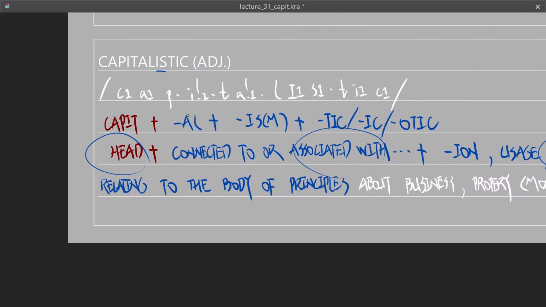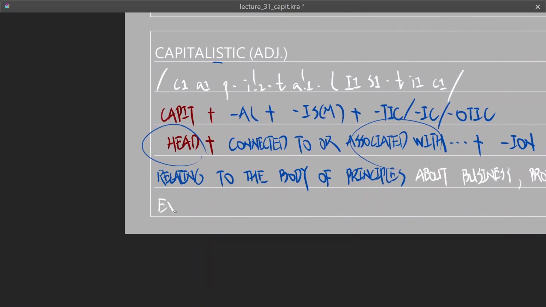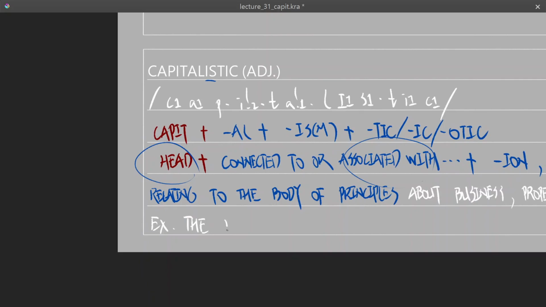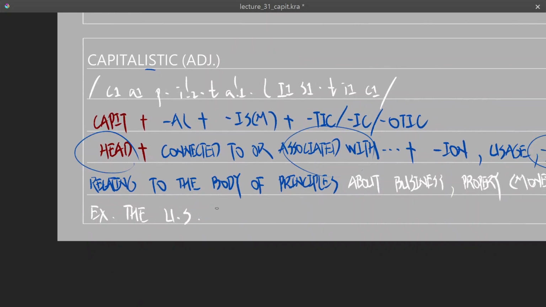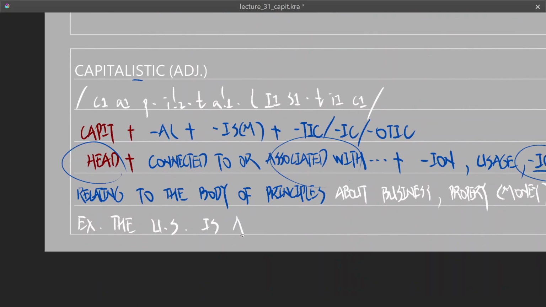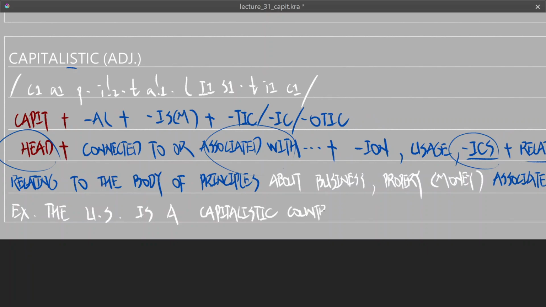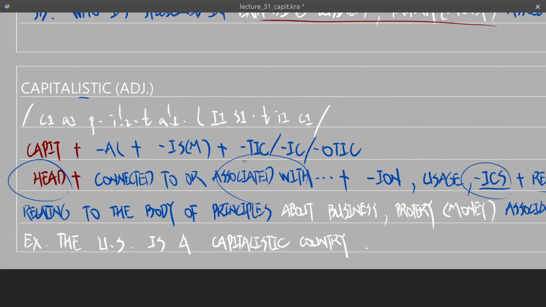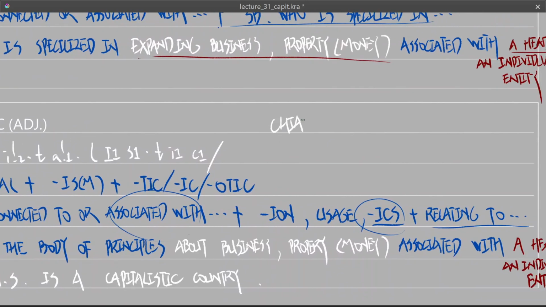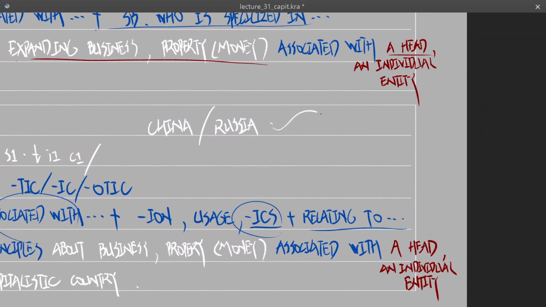So for example, we could say the United States of America is a capitalistic country. Whereas China and Russia follow another kind of system called communism.